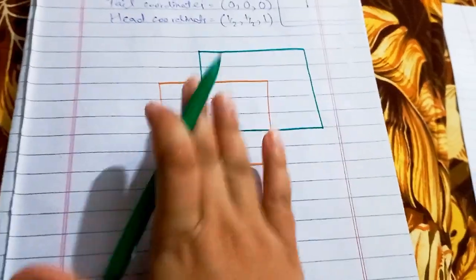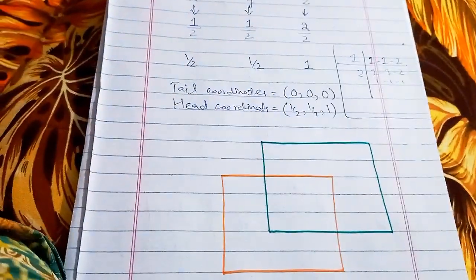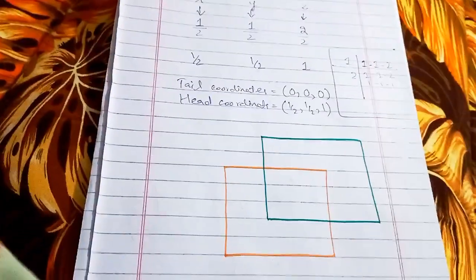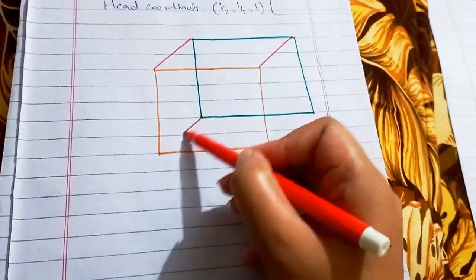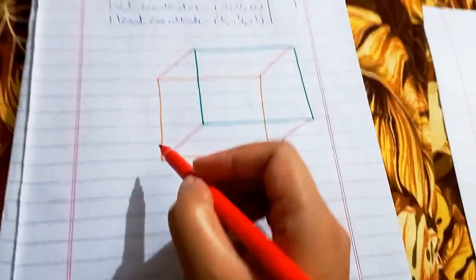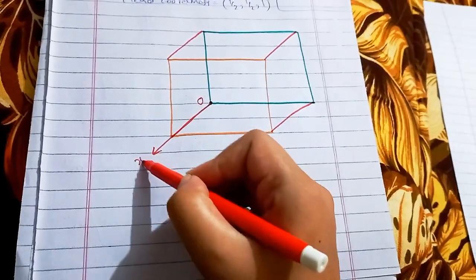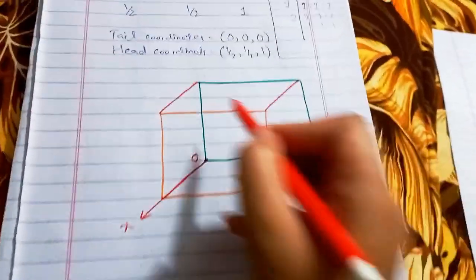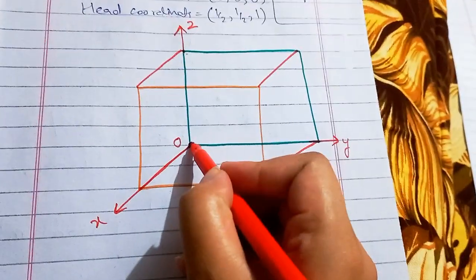These are the walls. This orange one is the front wall, the green one is the back wall. Since all of the indices are positive, this is the all positive origin, and this is the x-axis, y-axis, and z-axis. Okay, and this is the tail.